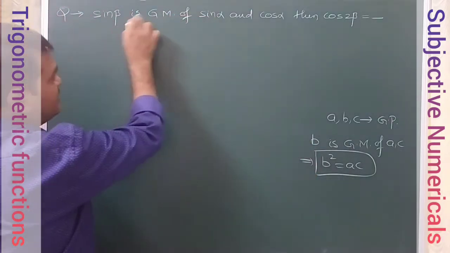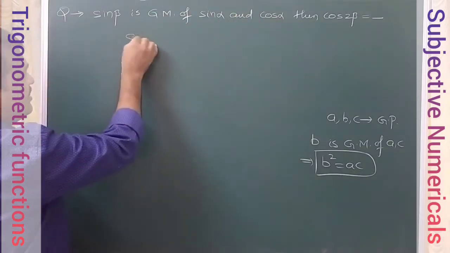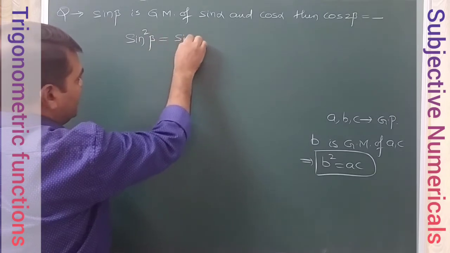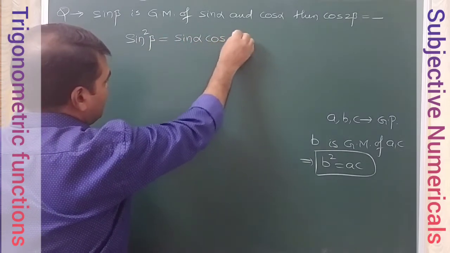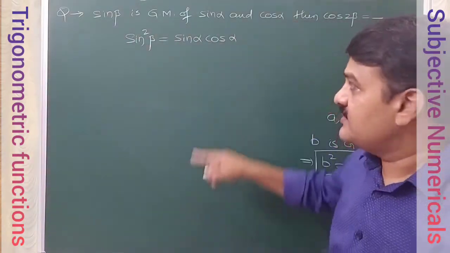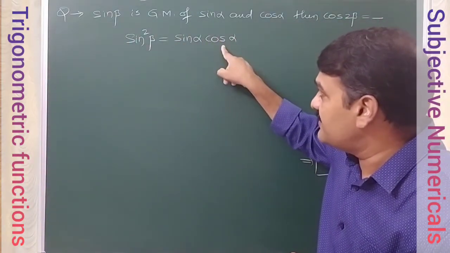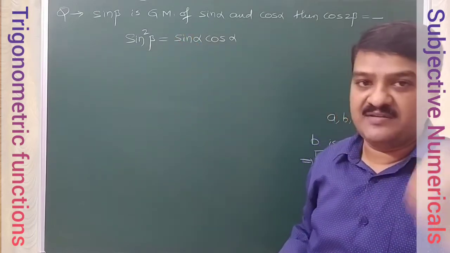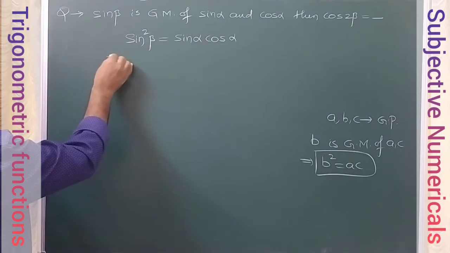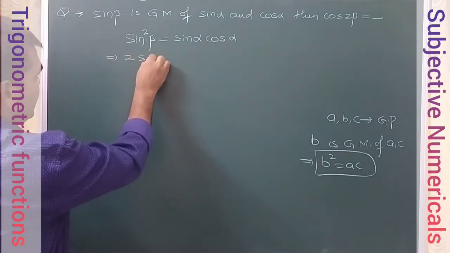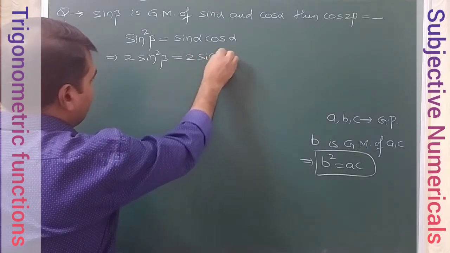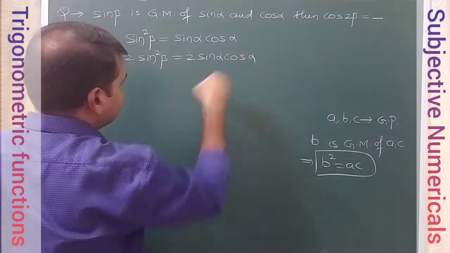Sin beta is the geometric mean of sin alpha and cos alpha. So sin square beta is equal to sin alpha cos alpha. Now in order to get the standard formula, if we have 2 sin alpha cos alpha here, we get sin 2 alpha. So let us multiply with 2 on both sides. So multiplying with 2 on both sides, 2 sin square beta is equal to 2 sin alpha cos alpha we will get.